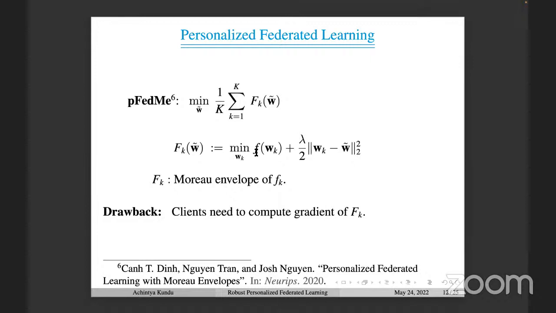You actually use an approximation, which is given by this Moreau envelope. So capital F_k is an approximation of the original loss function f_k, and you try to find a global model which optimizes over those approximate loss functions.